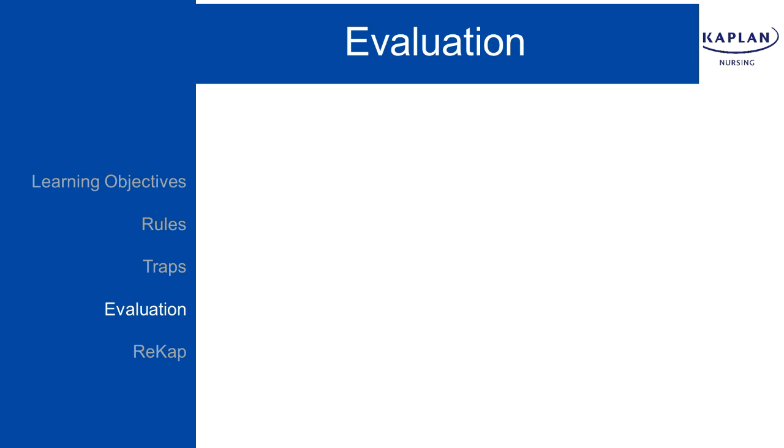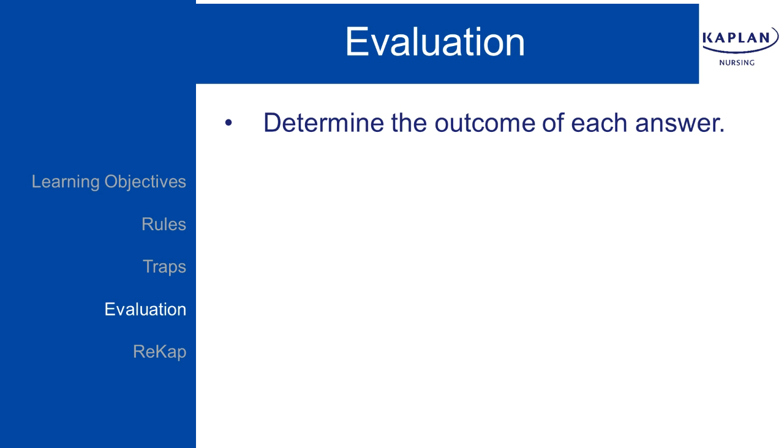They will read the stem of a question, decide what the answer is, and then they will pick an answer without thinking about, if I do this, what will the outcome be? It's important on each one of your answer choices that you determine outcomes. And that's why, if I do this and then go home, what will the outcome be? So important that you determine the outcome and you make the decision based on that outcome.